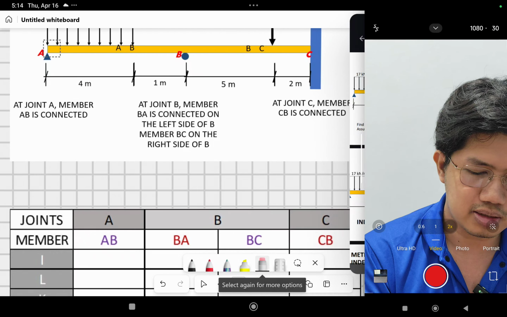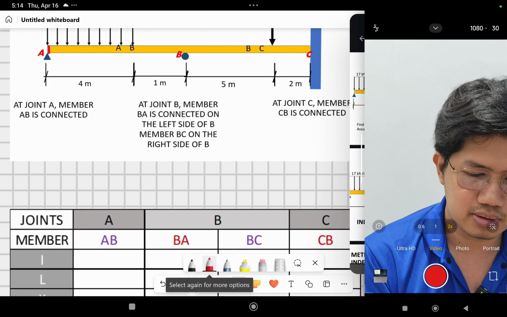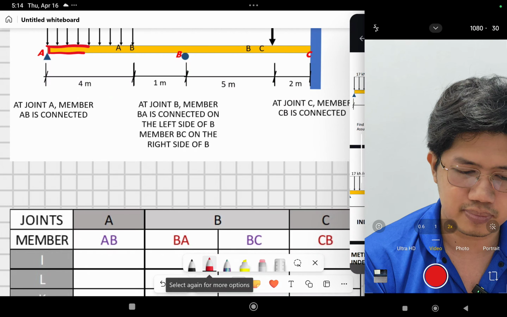At joint A, yun nga, yung member na to. Okay, so let's just give this a name.